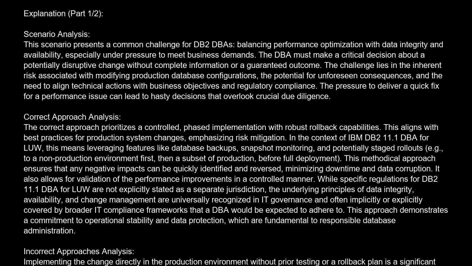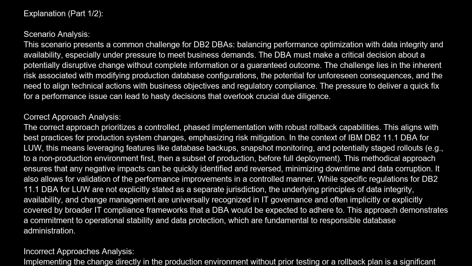This scenario presents a common challenge for DB2 DBAs, balancing performance optimization with data integrity and availability, especially under pressure to meet business demands. The DBA must make a critical decision about a potentially disruptive change without complete information or a guaranteed outcome.